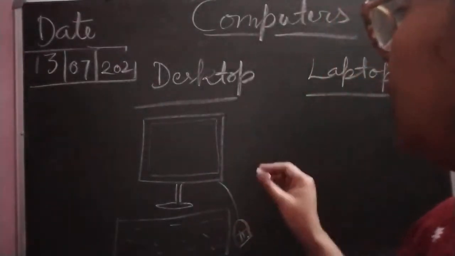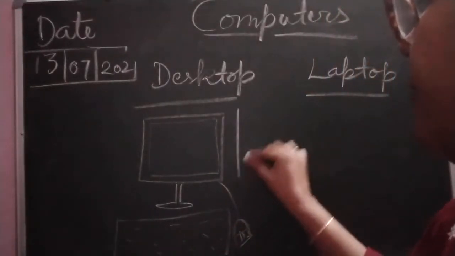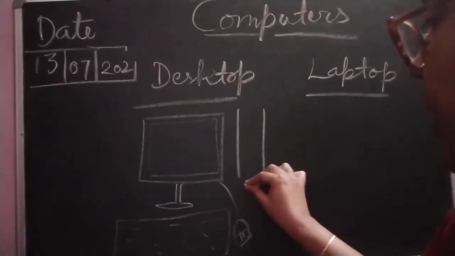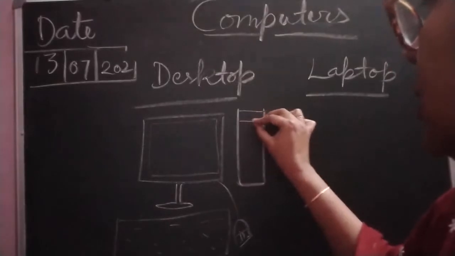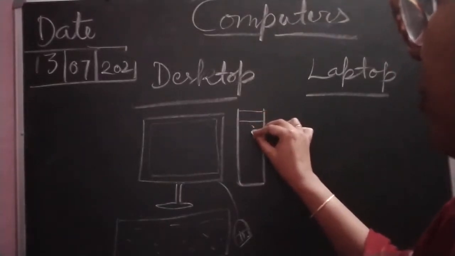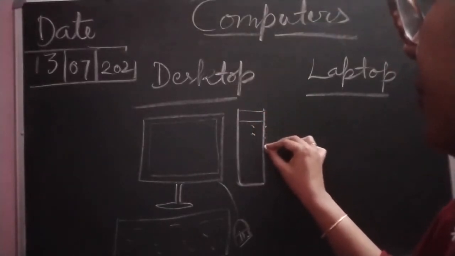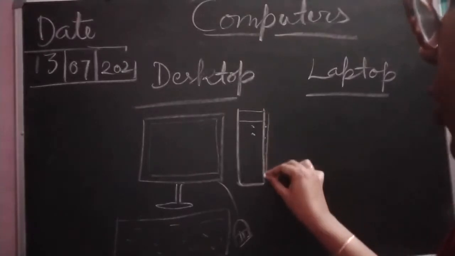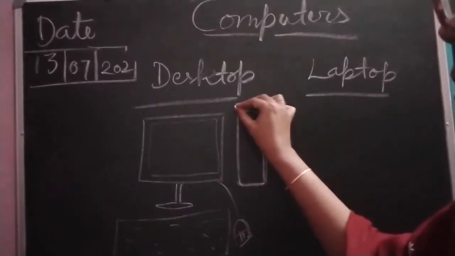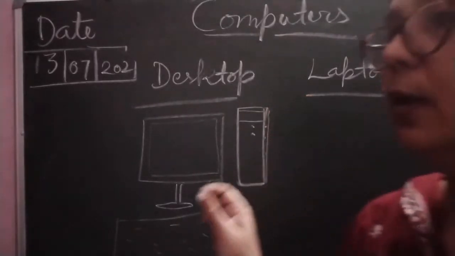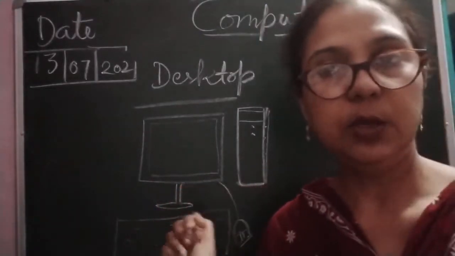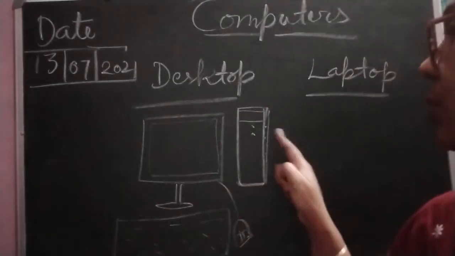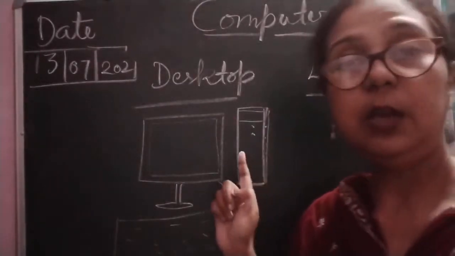Now the desktop also has a very important part, that is called the CPU. The CPU has an on-off button and many types of sockets. From these sockets we can insert any plug which can help to store anything.